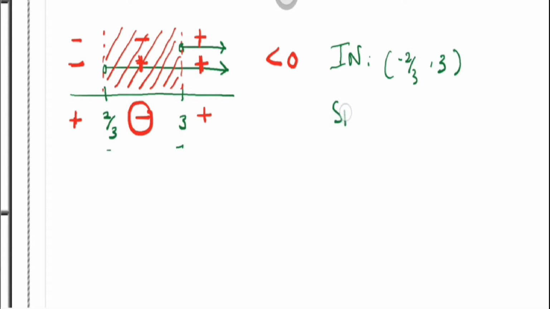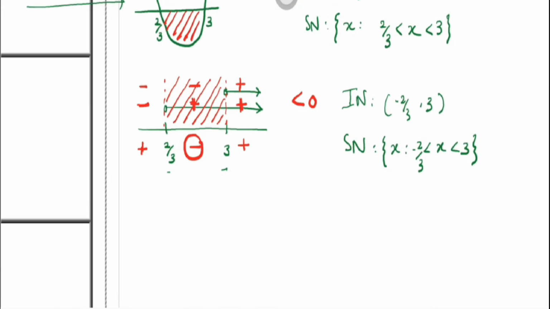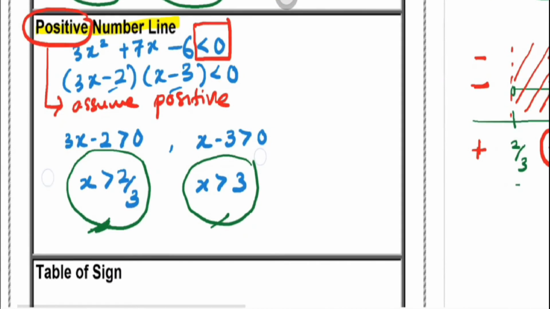Okay, for set notation, we have x, curly bracket, between negative 2/3 and 3. So this is our answer for this question by using positive number line.